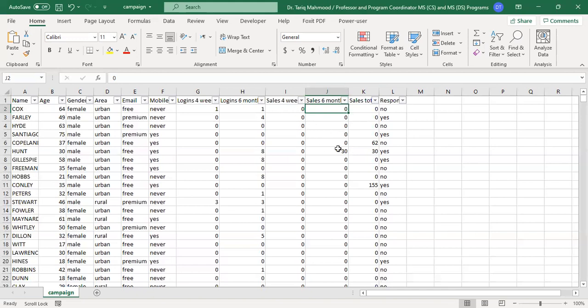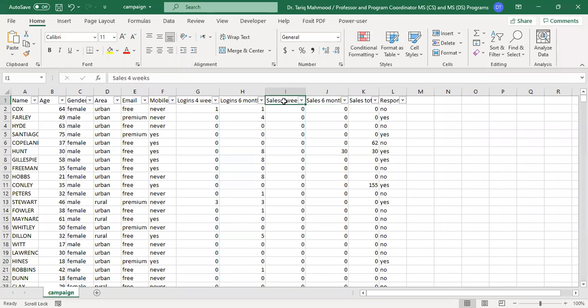So there is some confusion here, and that is what you need to actually think about and solve, because actually we are interested in the total sales. Sales in the last 6 months is a big deal. How much? Because the more the customer comes on your website, the better it is. So that's why I'm taking a longer period. Sales in the last 6 months, and then sales in the last 4 weeks.